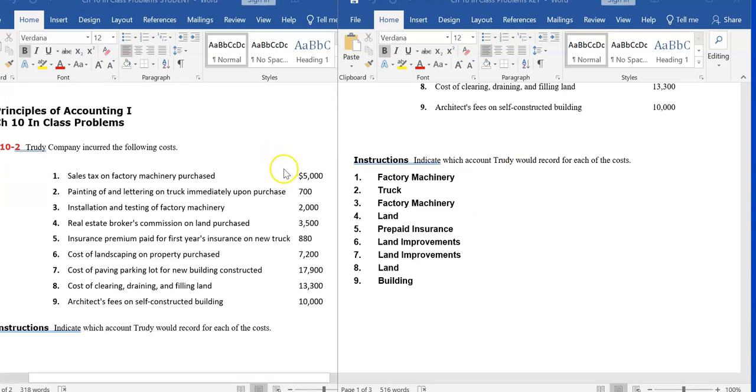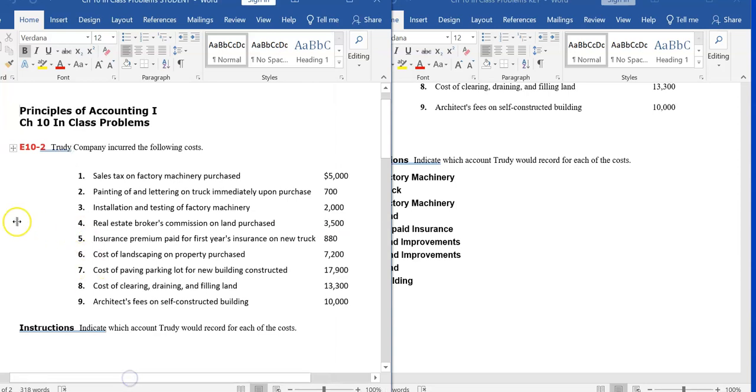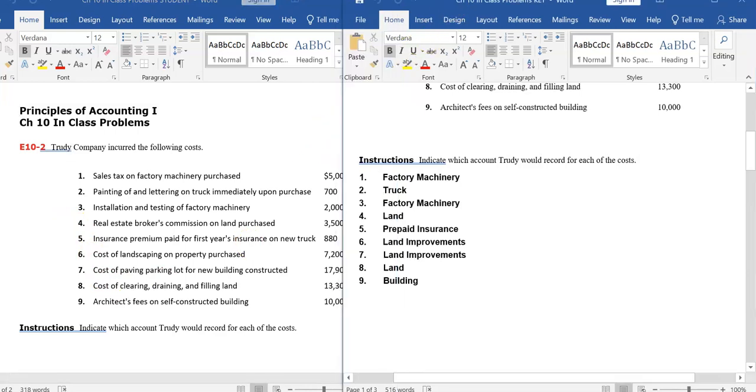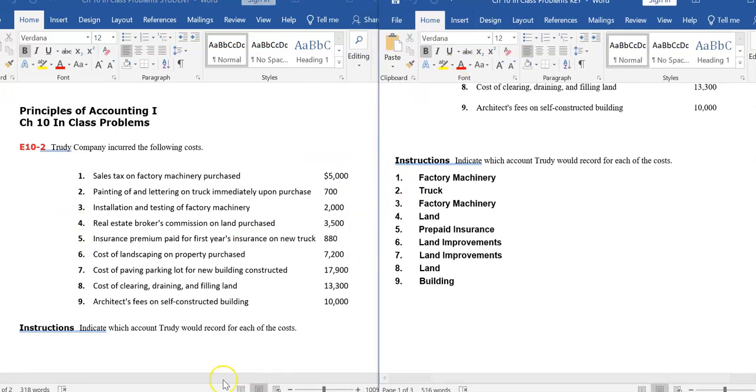So this first problem we're going to look at, we are working with Trudy Company. They incurred the following costs. We need to indicate which account Trudy would record each of these costs. Now, one overriding concept you want to keep in mind when we're working through this problem is when we purchase a long-term asset, property, plant, and equipment, wherever we incur a cost to purchase the long-term asset, we are going to record it as part of the cost.